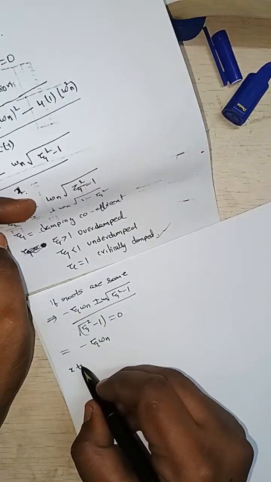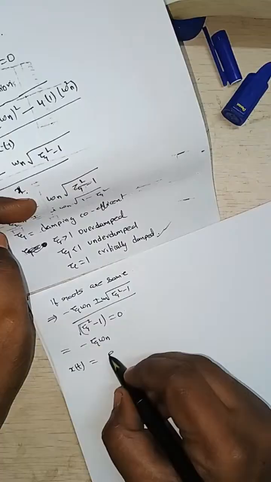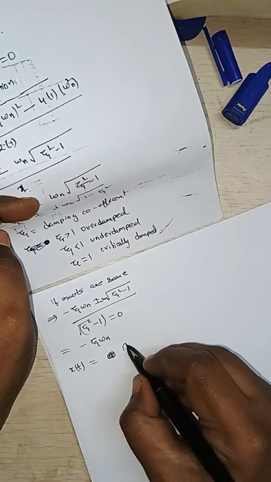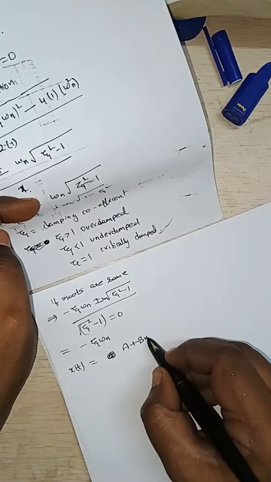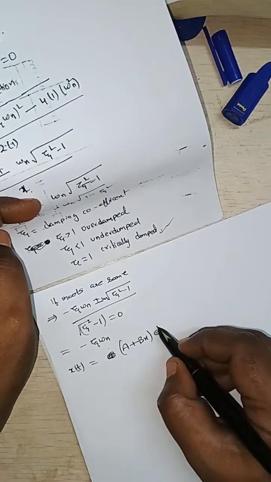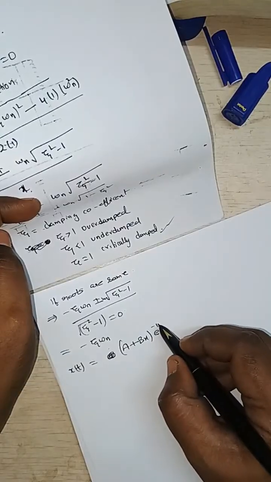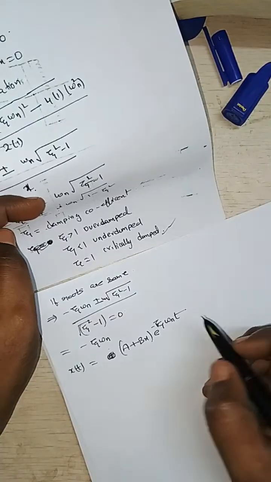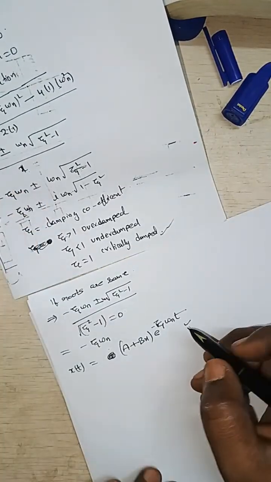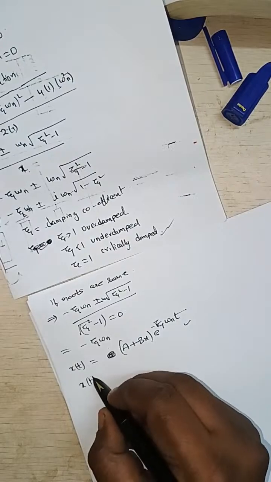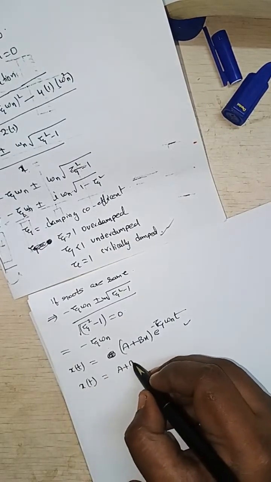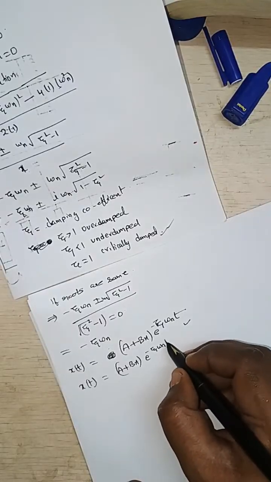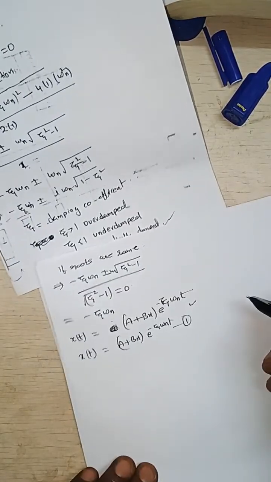For x of t is equal to (a plus bt) into e power minus zeta into omega n into t.